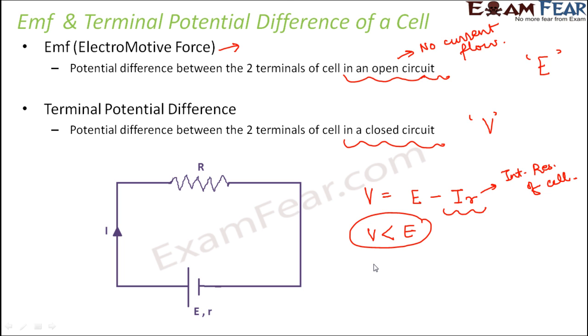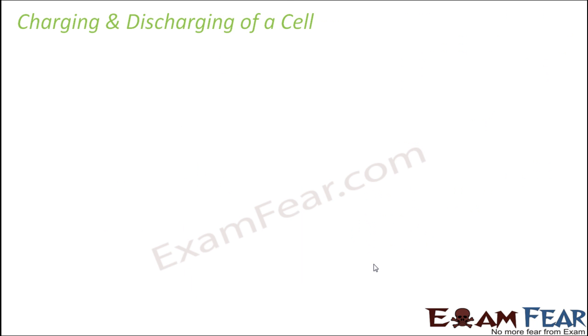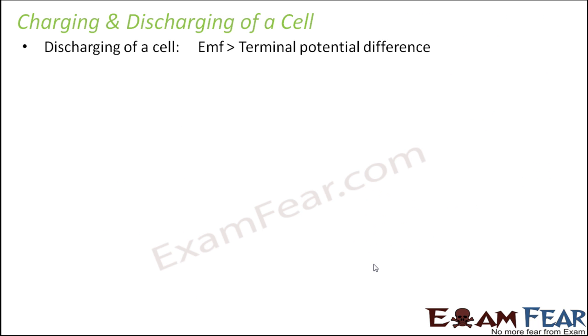So let's quickly see what happens during charging and discharging of a cell. So during discharging of a cell, EMF is always greater than the terminal potential difference. Why? Because what happens during discharging?